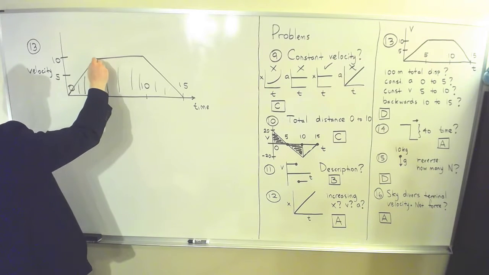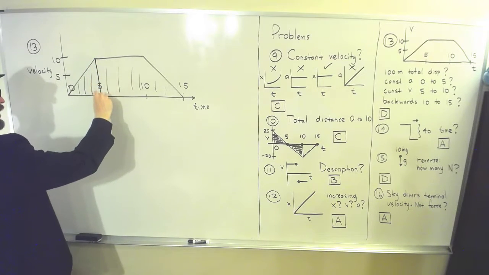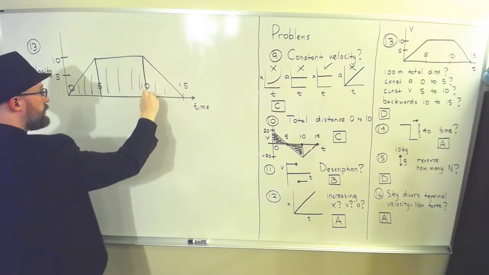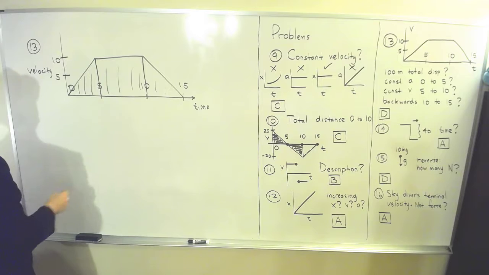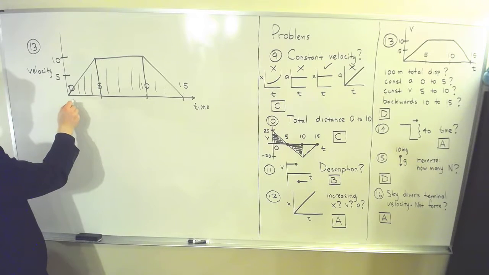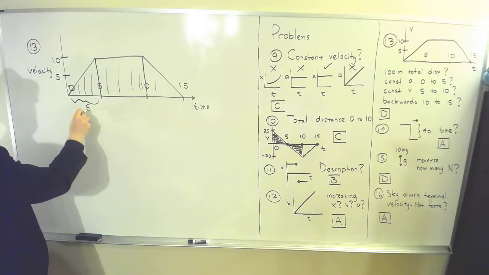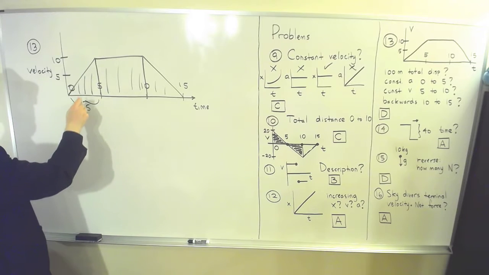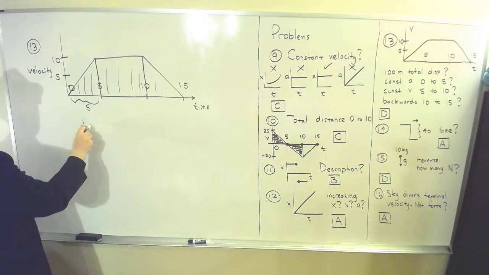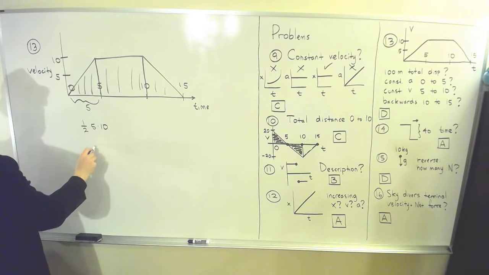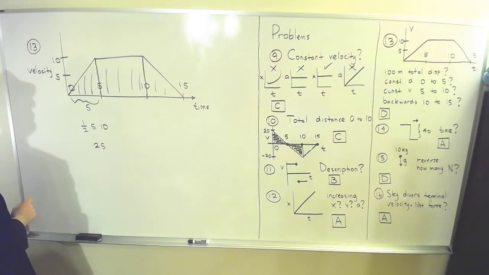Well, I can figure it out by adding up the area of this triangle and this square, or rectangle, and this triangle here. What's the triangle? Well, this is a distance of 5 there. Height of 10, that's 1/2 base times height, so that's 1/2 5 times 10, so that's going to be 25.